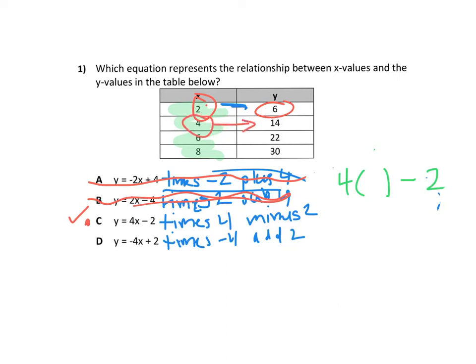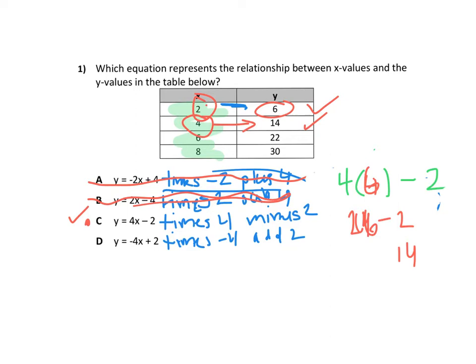Does 4 give me 14? So 4 times 4 is 16, minus 2 is 14. Yep, it does. So that's one way to do it. So I know that works. And if I plugged in a 6 here, I would get 24 minus 2 gives me 22. So we know that works.